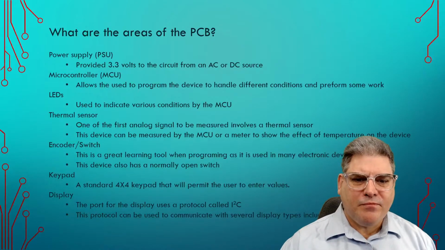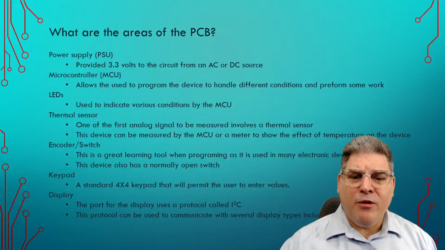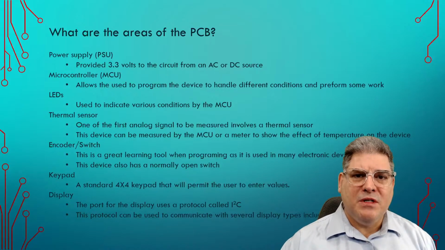All right. We have a thermal sensor on here. One of the things that you're going to be using in several of your classes is a temperature sensor, and it allows us to actually start to convert things from analog to digital, and we're going to get into that in a lot more detail later. Rotary encoders and switches.